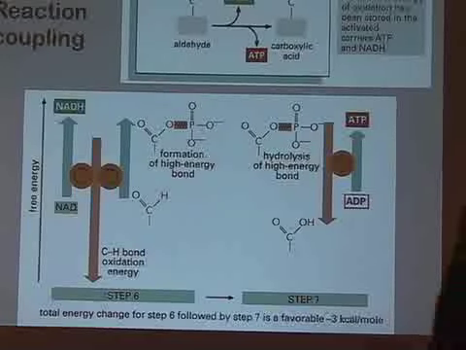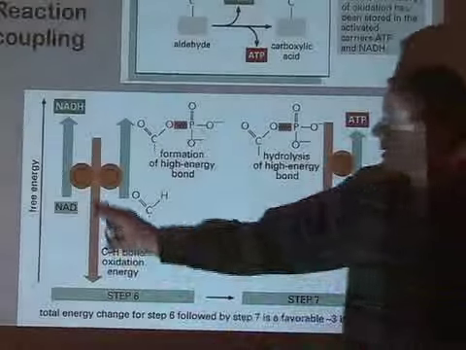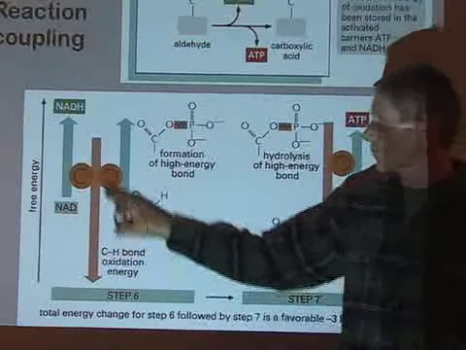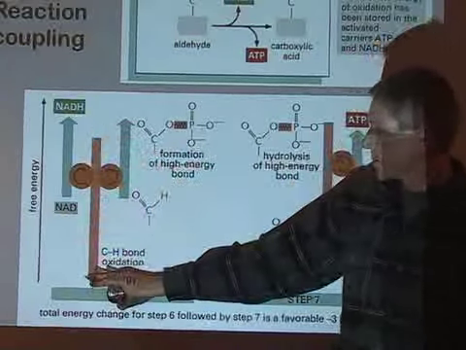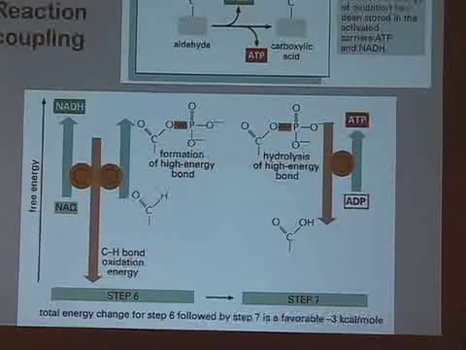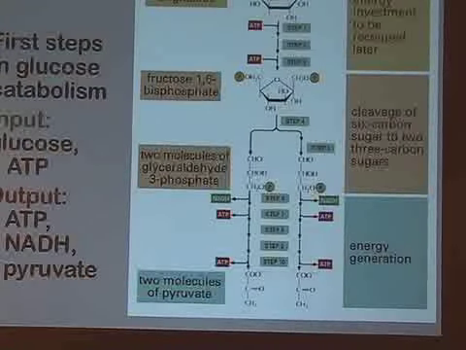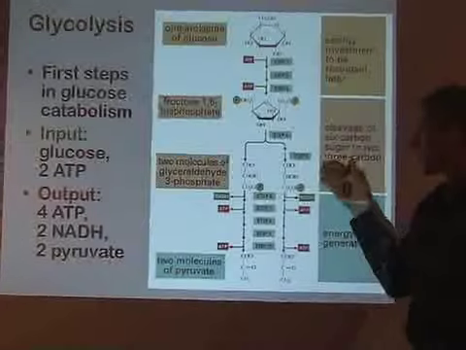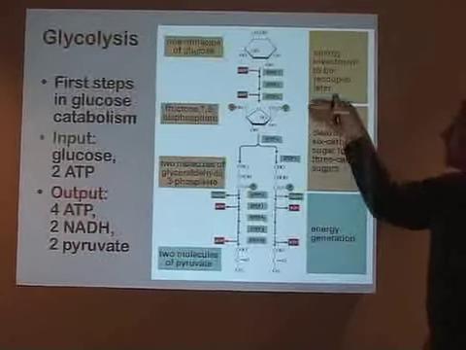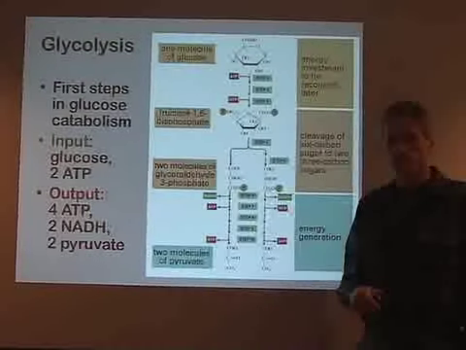So that's energy coupling. You form high energy intermediates to gain all of this energy and transfer it to something else for use later. You can read in your book about other of these reactions and how reaction coupling is used to harvest energy.